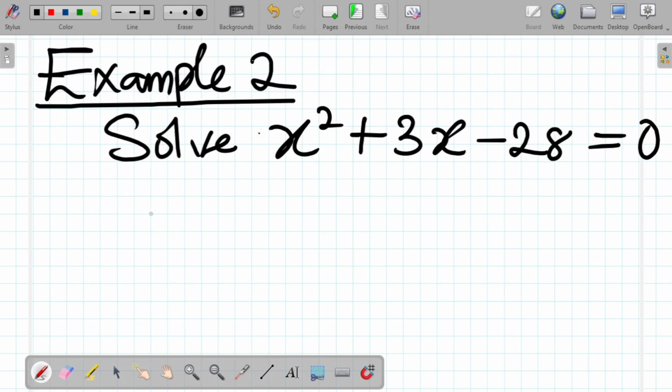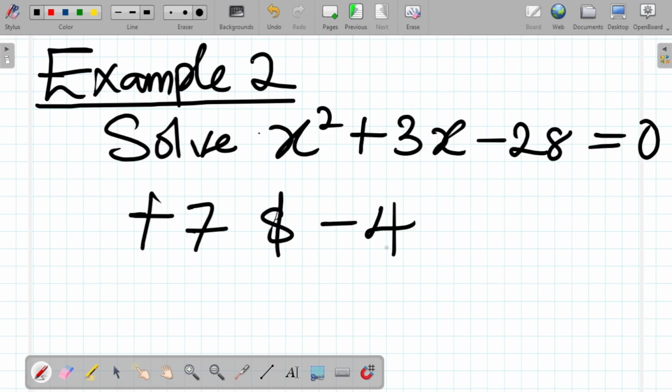And the two terms are +7 and -4. If you add +7 to -4, you'll be left with +3. And then if you multiply +7 with -4, it would give you -28.